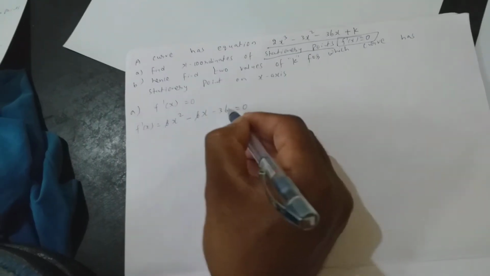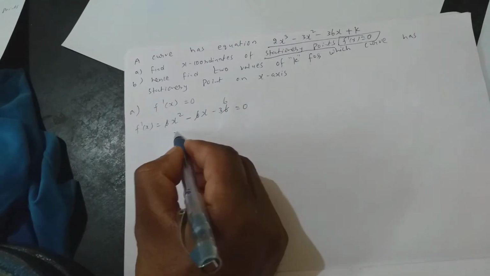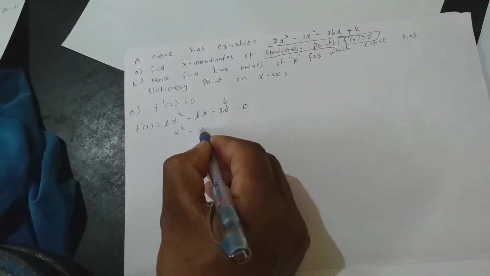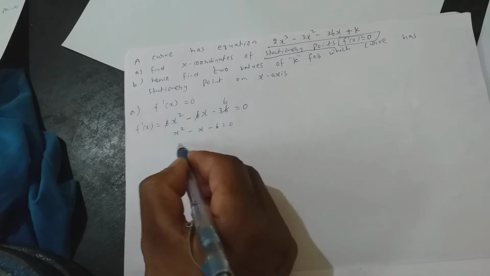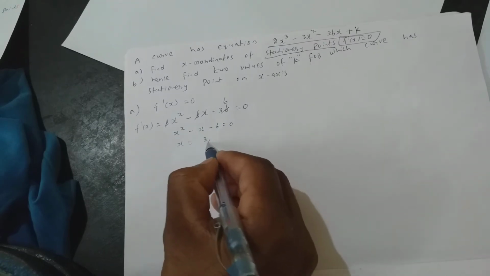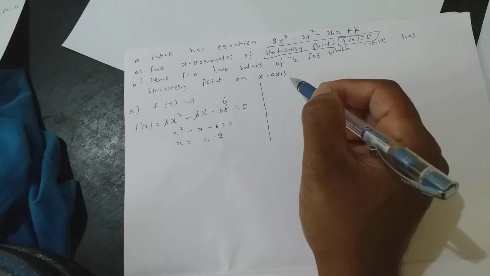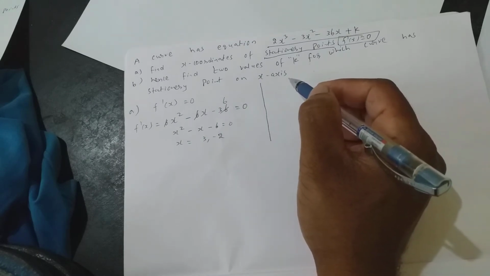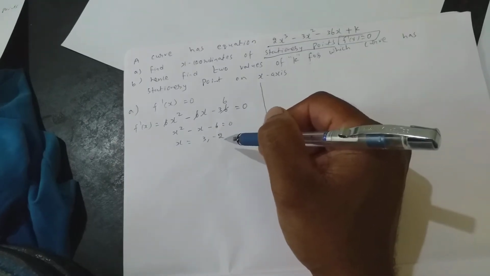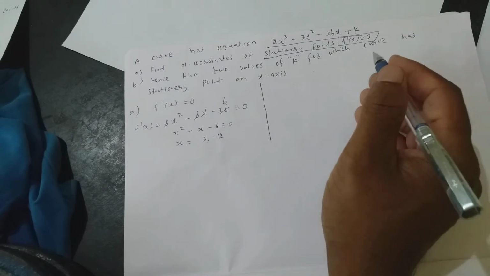Each goes in the 6 table. So it is x square minus x minus 6 equal to 0. The x values that I get are 3 and minus 2. So the a bit is completed. My x values are 3 and minus 2. Clear? Now look at the b bit.